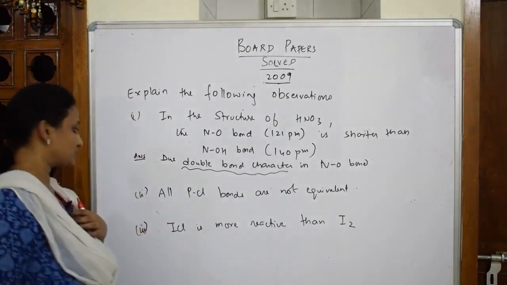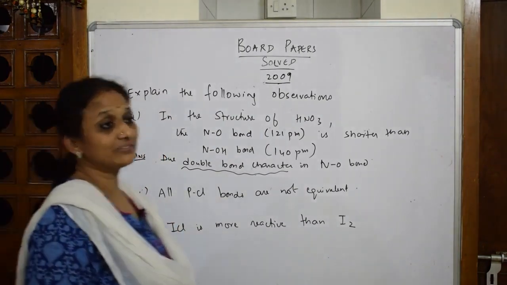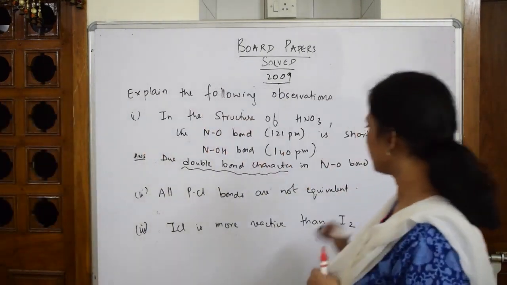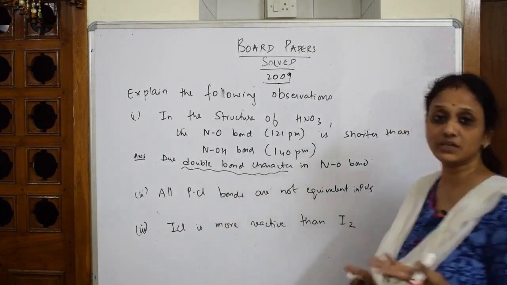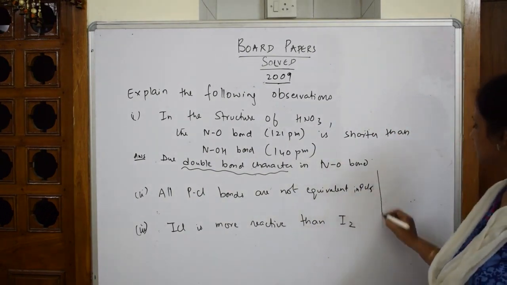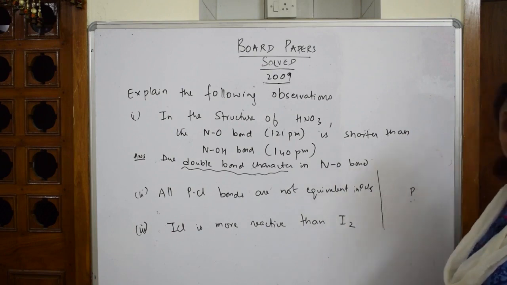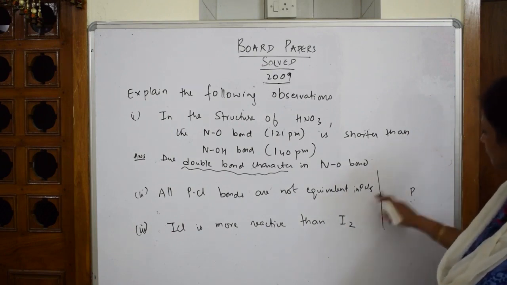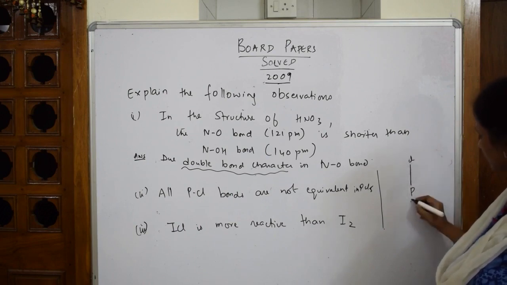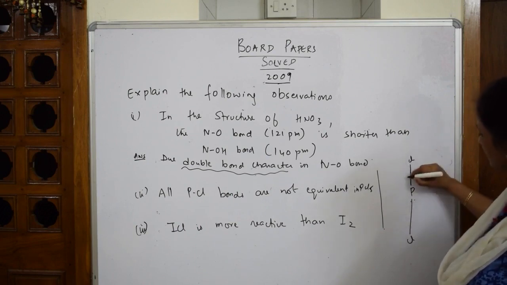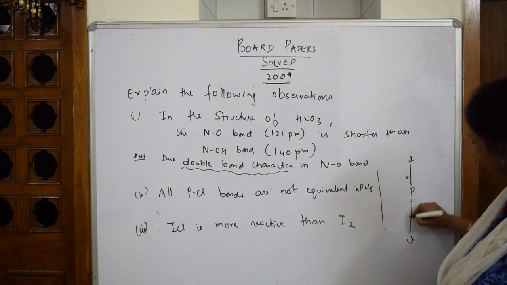And then let me come back to this. All P-Cl bonds are not equivalent in PCl5. The question is, in PCl5, why are all not equivalent? When I have to draw the structure of this, just see phosphorus in the center. You have 5 chlorines. How are they arranged? 1 chlorine, longer. This is also longer. These are called axial bonds.